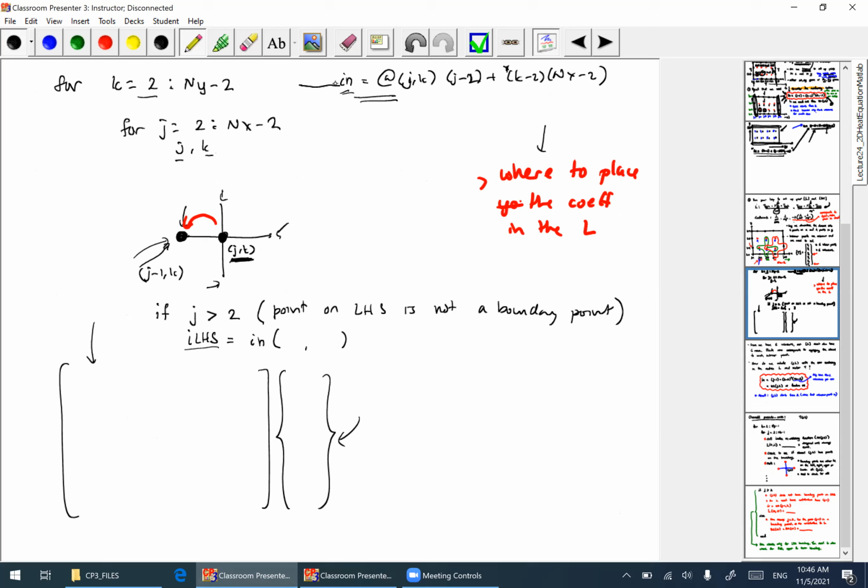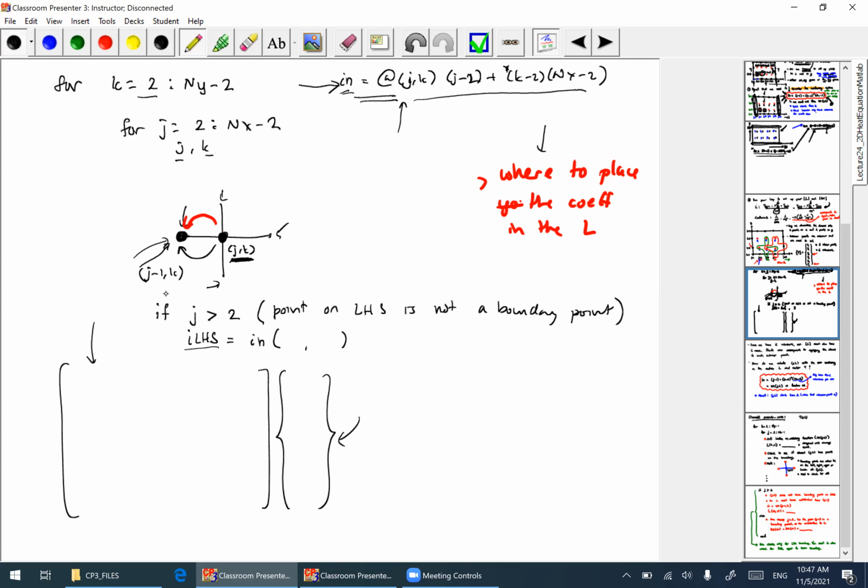We are going to use this particular function that we have written, because this is going to be general in terms of telling us where to put our unknown or where to put our coefficient in our Laplacian matrix. So my question to you is, if I'm writing my function handle this way, what should the two inputs be here for the point on the left-hand side? It should be straightforward.